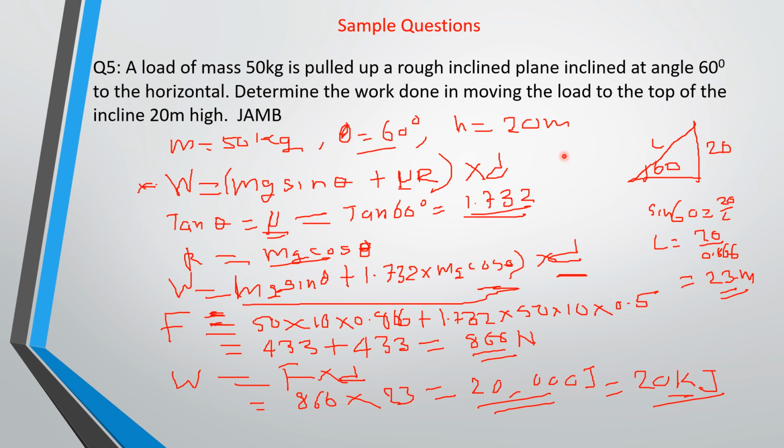So the total force is the weight component plus the frictional force, then the work done is that total force multiplied by the distance, and distance is equal to the length of the plane. You saw how we are able to go through these processes, and then we arrive at the answer.